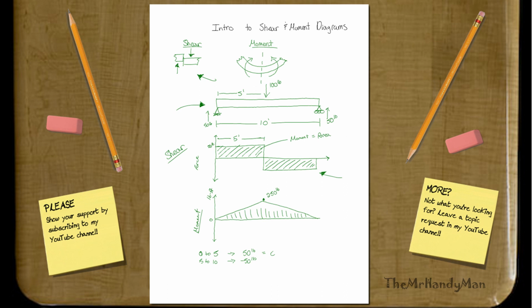What if we took the integral of this constant? Let me help you out more. What if we did the integral between 0 and 5 of 50 dx? Kind of makes sense, huh? Then the integral between 5 and 10 of negative 50 dx. Now you're starting to realize why we needed to know integrals back in calculus. This is the same thing.